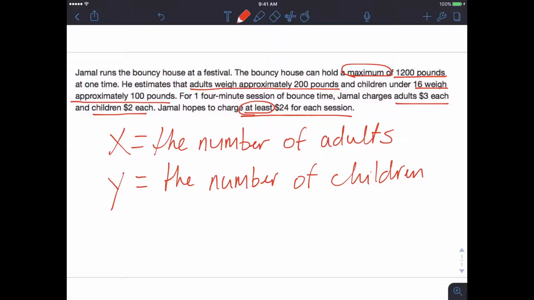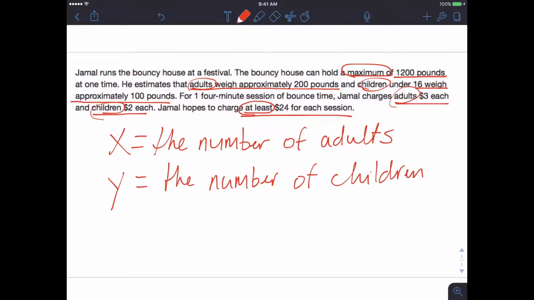Now you ask, well, why did I choose adults to be x and y to be the number of children? I did it primarily because, and I know I talked about this in another video, adults came first. Children came second.